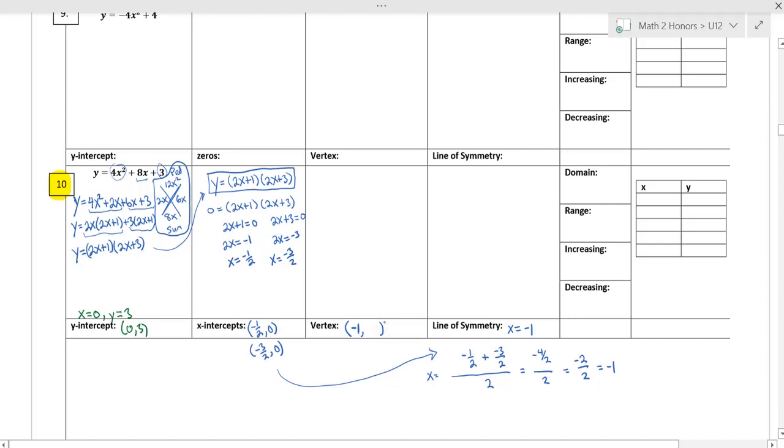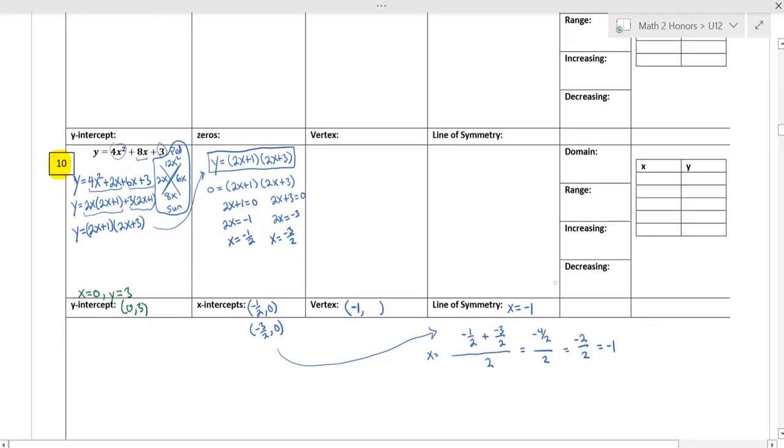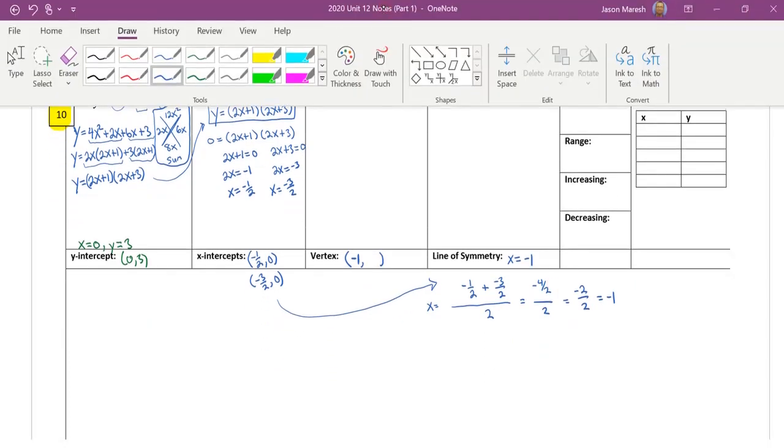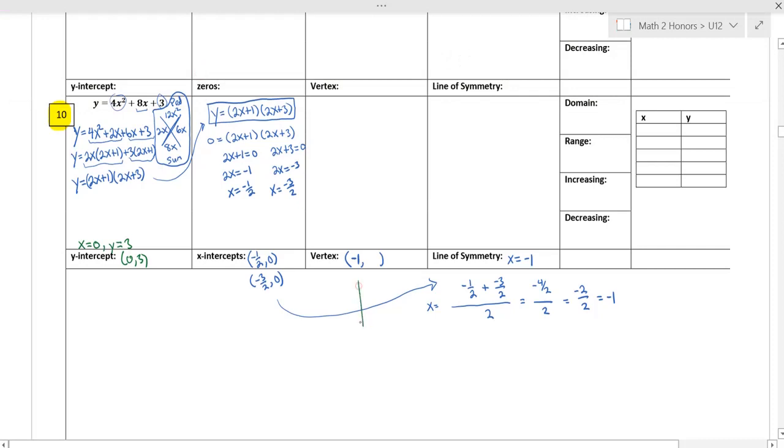To find my y value for the vertex, I plug in negative 1 into an equation that I have. I can do standard form, or I could plug it into factored form. I'm going to change colors here, and I will plug that into factored form. So if x is negative 1, then y is going to be 2 times negative 1 plus 1, times 2 times negative 1 plus 3.